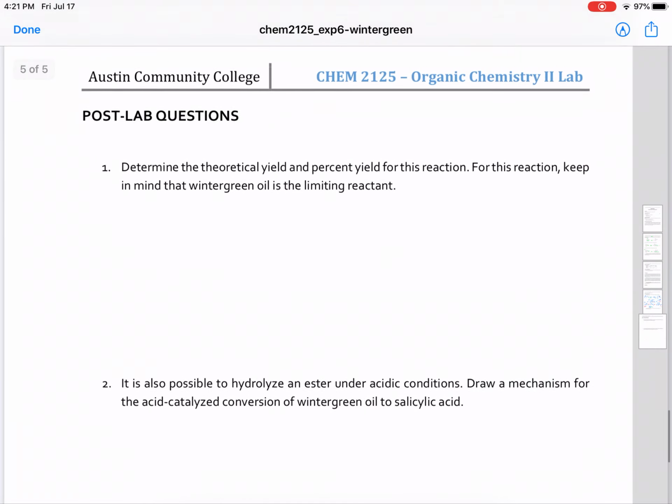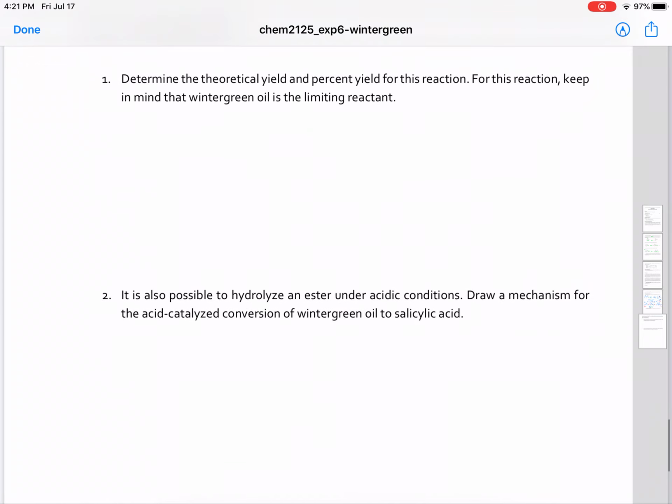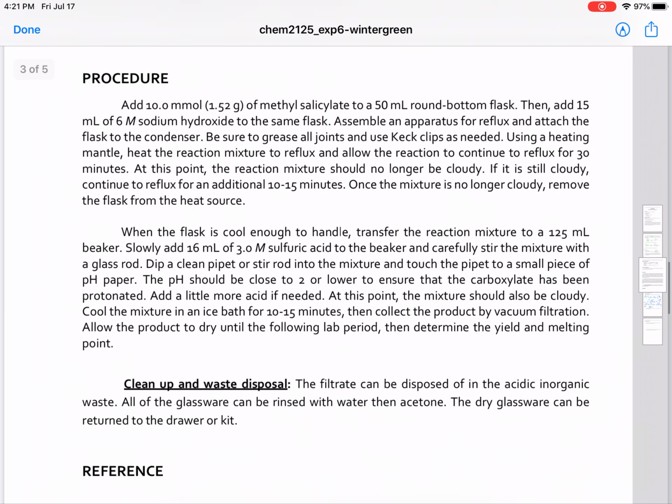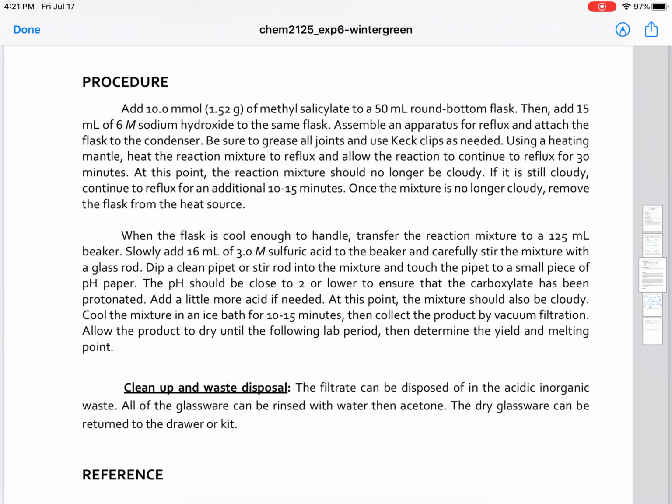And then determine the theoretical yield and percent yield. We have done how to calculate the theoretical yield before. So our product is salicylic acid and our reactant is wintergreen oil, and you consider wintergreen oil as the limiting reactant. And in the procedure it says 10 millimoles of methyl salicylate used.